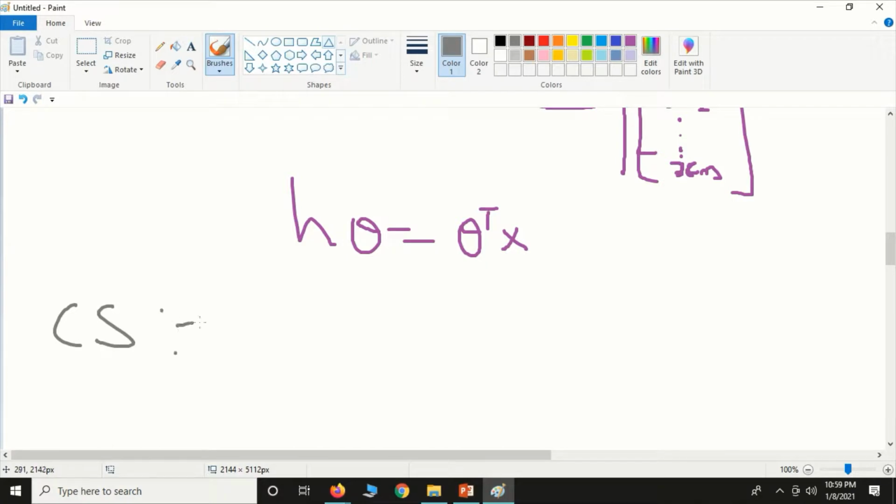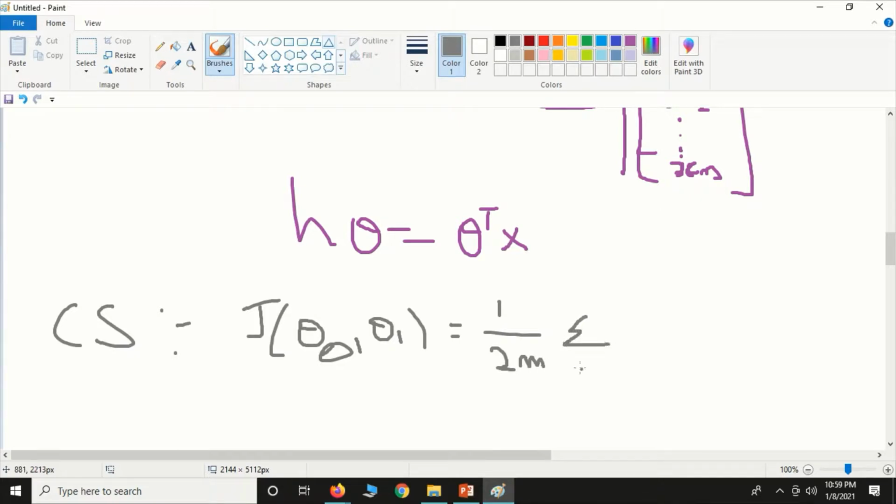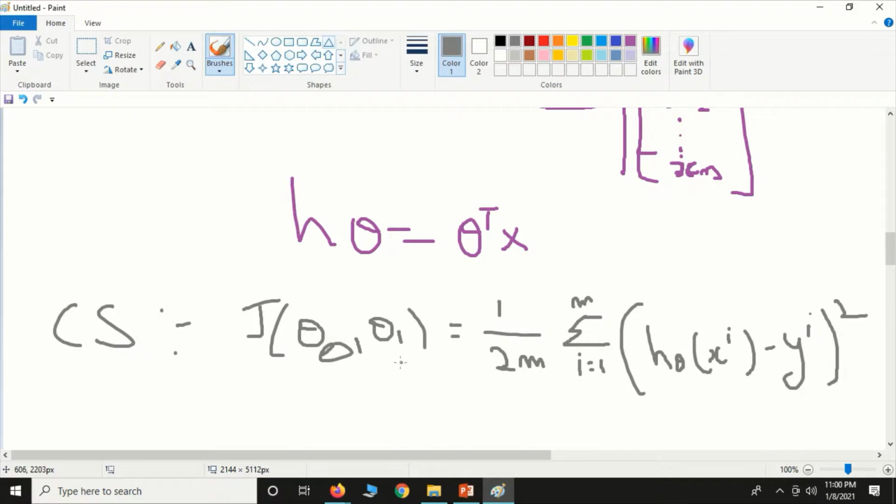We have already seen the cost function for single variable: J of theta 0, theta 1 equal to 1 by 2m, summation i equal to 1 till m, of h theta of x i minus y i, the whole square. This is the cost function for a single variable problem.